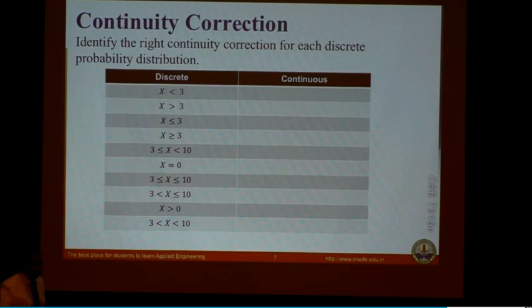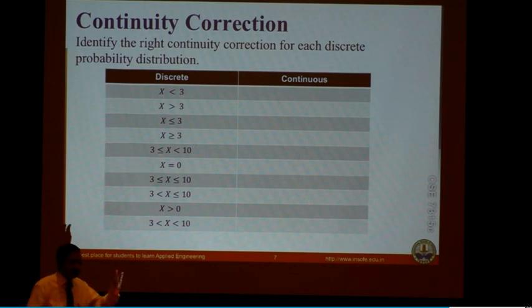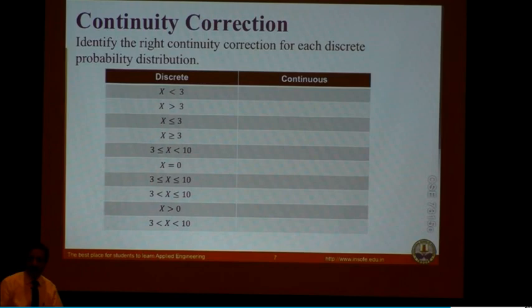So x is less than 3 is the discrete thing. In a continuous thing, if I have to do that continuity correction, what should x be? 2.5. Less than 2.5. That's what you also said. Anybody else? Any other ideas?